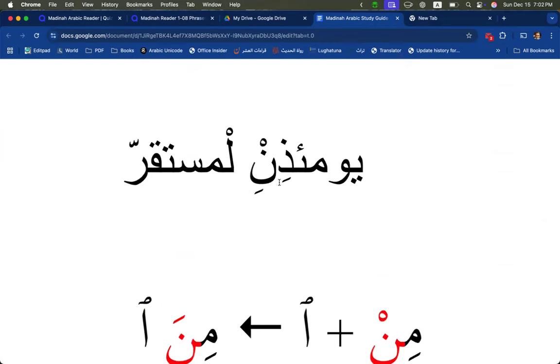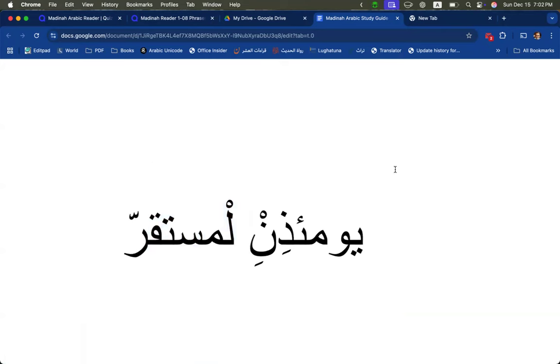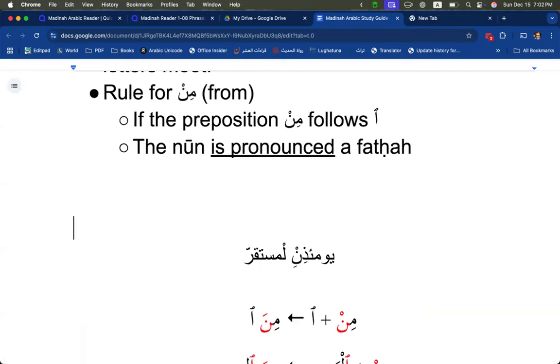Remember, no, let me explain. I didn't explain properly, I think. So just remember, anytime you see a tanween in the Quran, what does the word tanween mean?